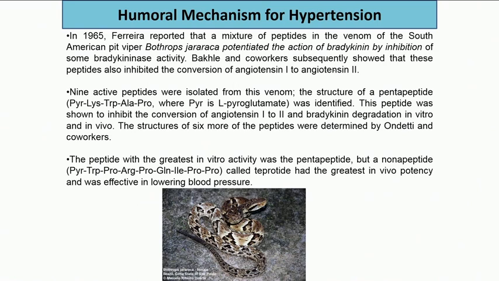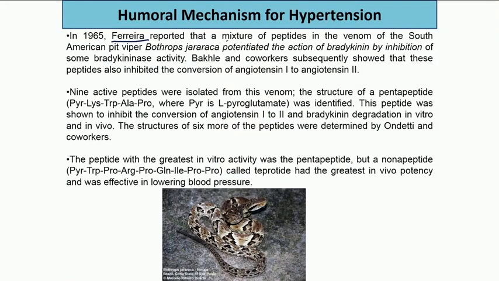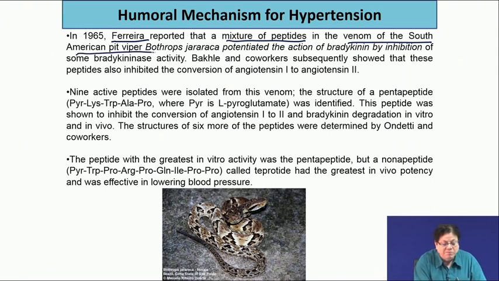Now, I ended that time by saying that you need a clue from somewhere, which is your starting point. In this case also it goes like that. In 1965, one person, Ferreira, reported a mixture of peptides from the venom of a South American pit viper, Bothrops jararaca.